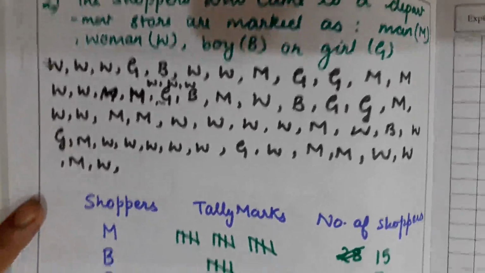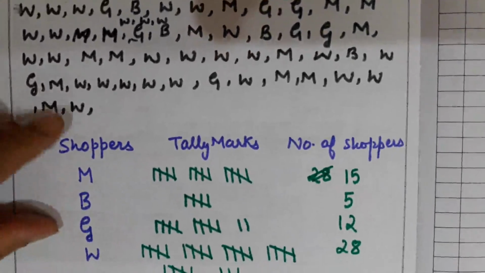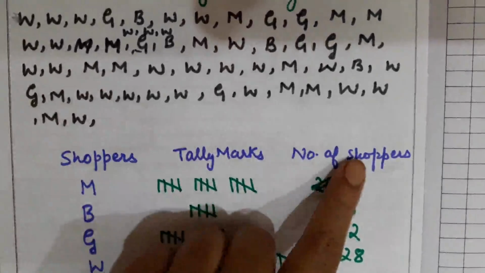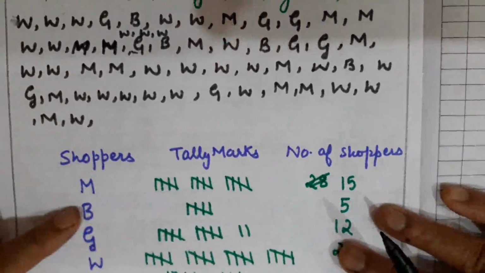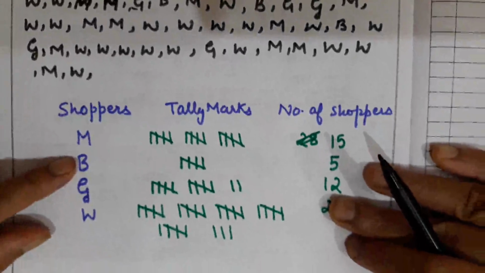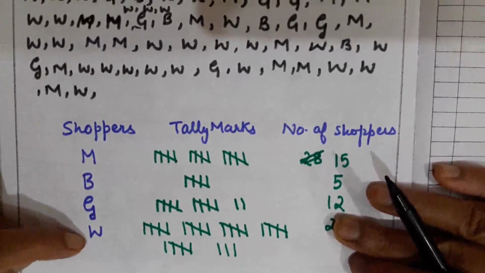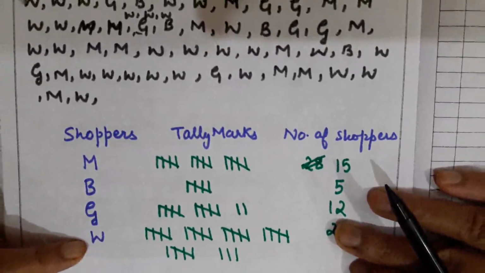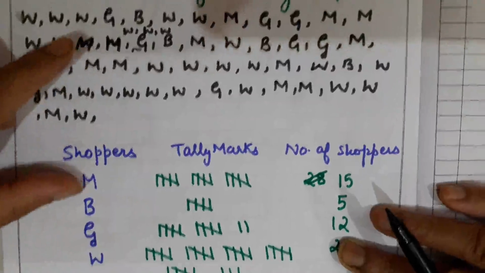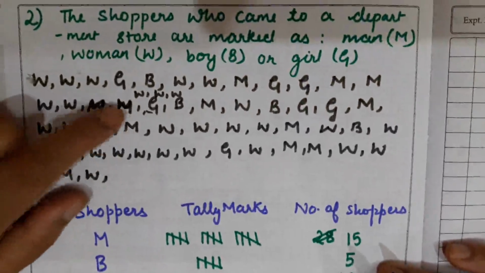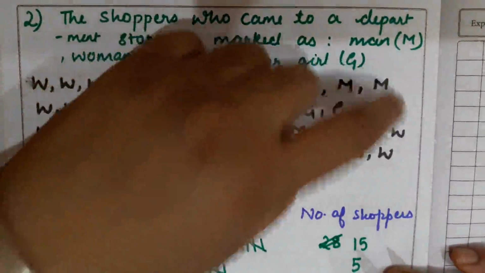We need to make 3 columns here: shoppers, tally marks and number of shoppers. With the initials I have written M for man, B for boy, G for girl and W for woman. So let's count how many times men are coming. Let's see how we can count: 1, 2, 3, 4, 5, 6, 7, in this way.